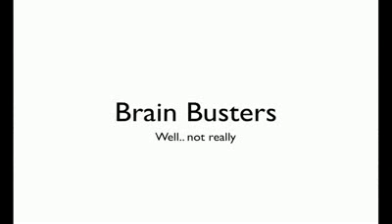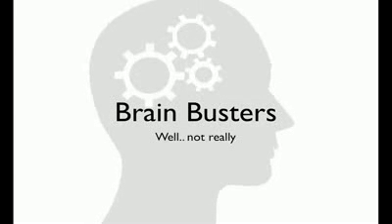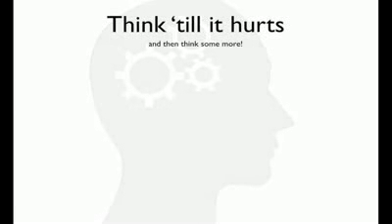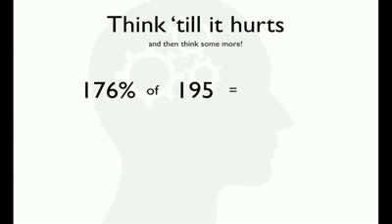Now it's time to try some of the harder ones. 176% of 195. The reason these ones are harder is we have to break them up into more parts. So, breaking up 176%, one way to do it is 100% plus 50% plus 25% plus 1%.